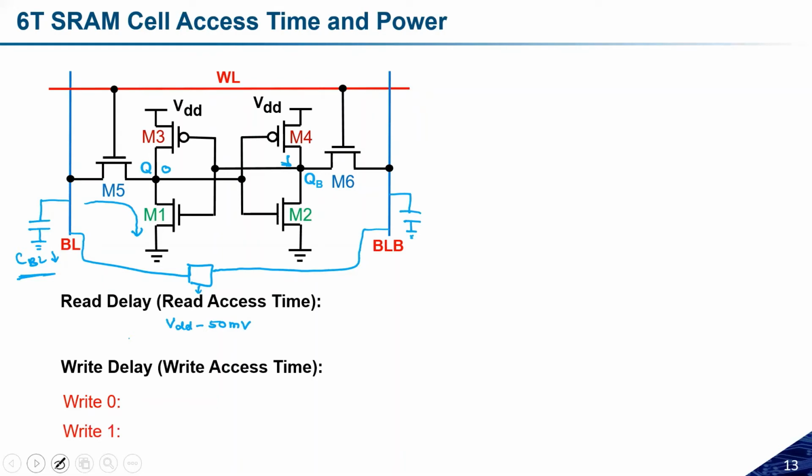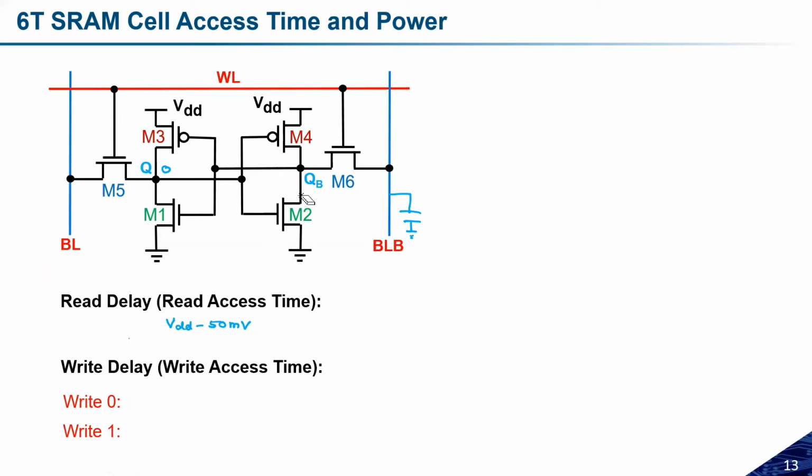So let us talk about writing 0 or writing 1, simply anything. If I am considering the write 0, it is the time when the node Q, let us assume initially, was charged.